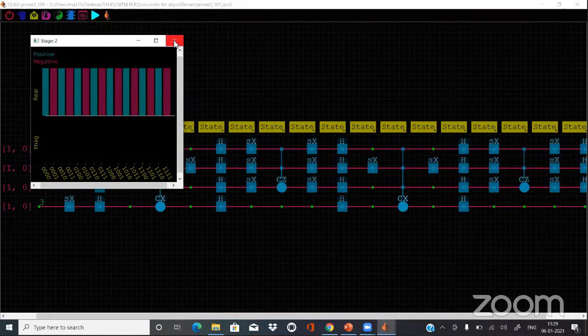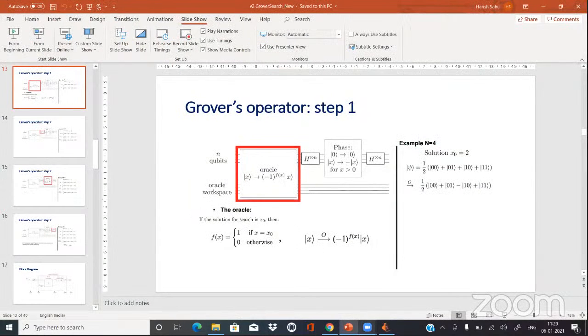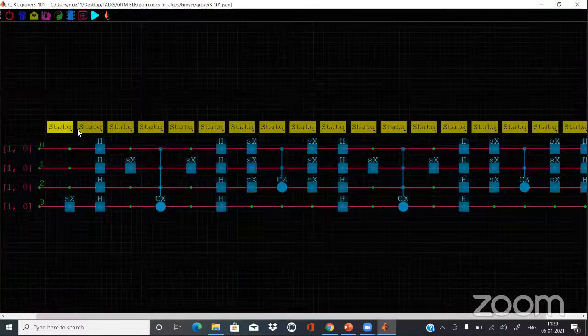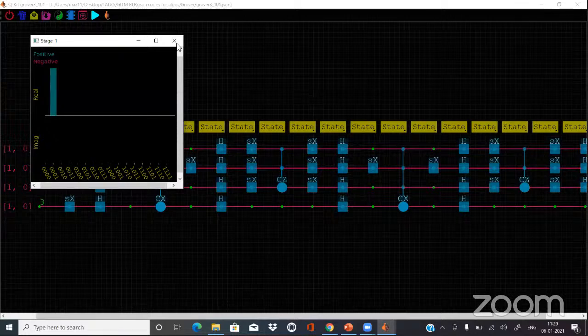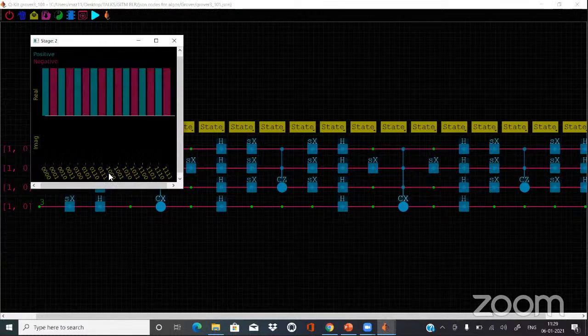Then we apply this operator, and it will change the sign of the desired state. So where is our desired state? 101. Where is 101?